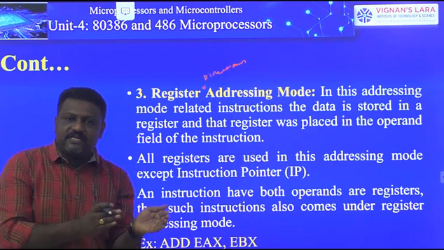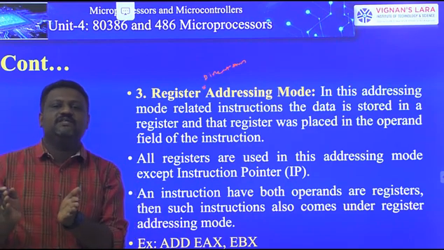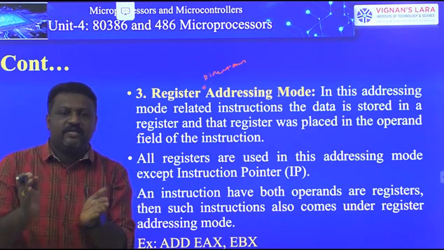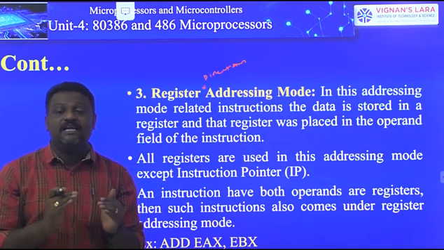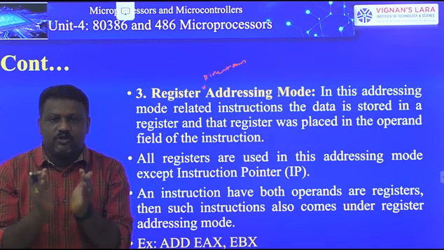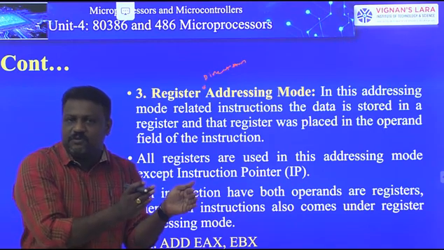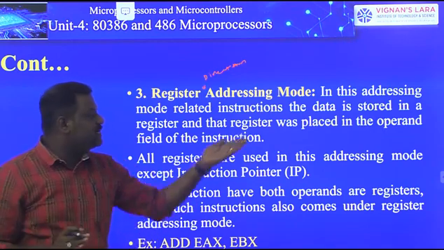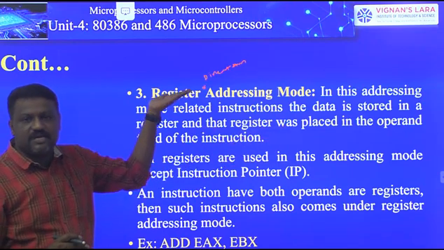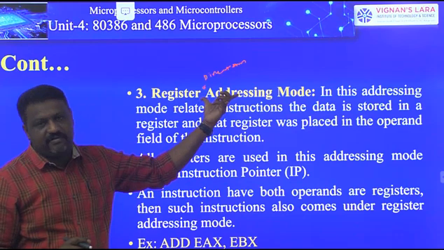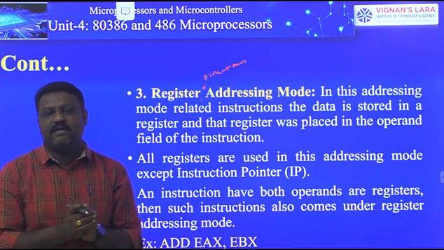So in the previous case, the address of a data was placed in the instruction operand field, so that we call direct addressing mode. But now, instead of writing the address of a data, first we copy our data into one of our CPU registers. That register we place in the operand field of the instruction. Then such instructions come under register addressing mode or register direct addressing mode.